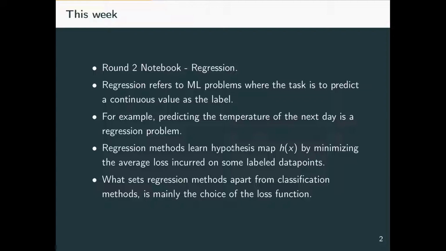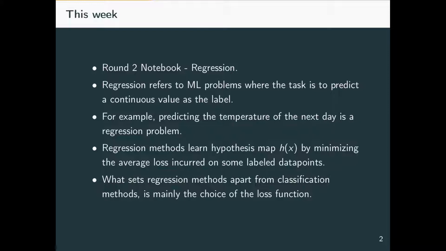And the goal is to learn a hypothesis map h(x) by minimizing the average loss incurred on some labeled data points. These labeled data points are data which we must have already acquired. What sets regression methods apart from classification methods is the choice of the loss function, the function that quantifies how good our model is.